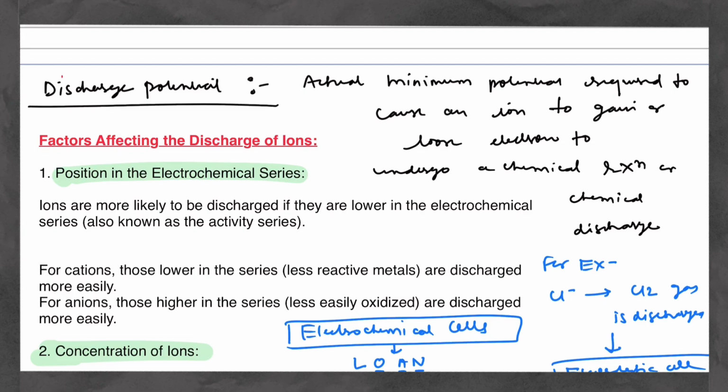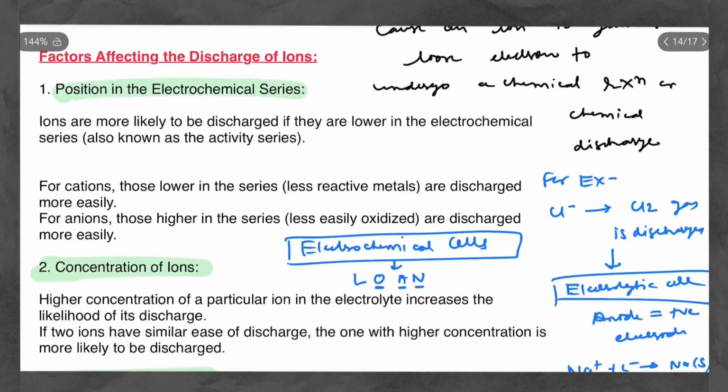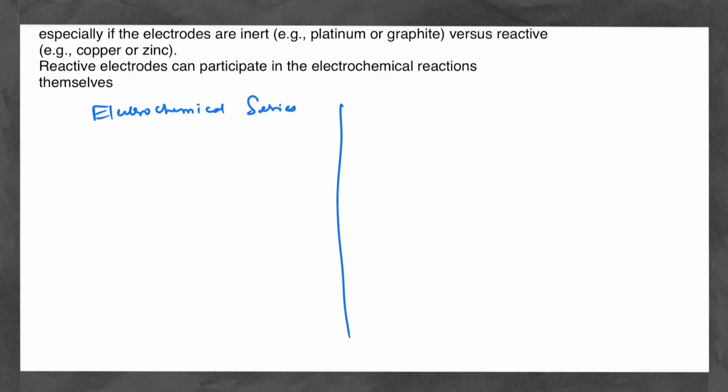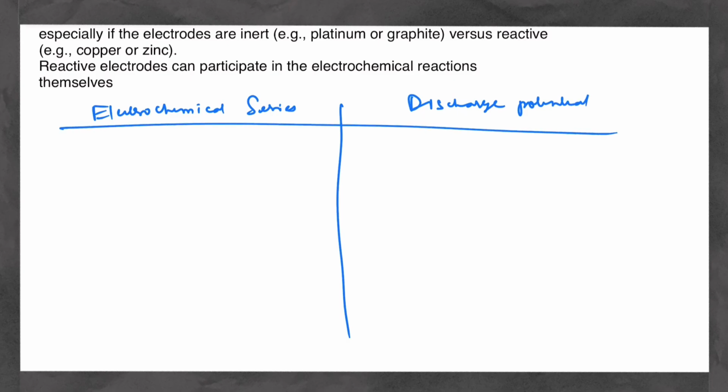Here also we are calculating the value in terms of voltage, but there is a difference. I'm writing the difference between the electrochemical series and discharge potential, because both are potential values.